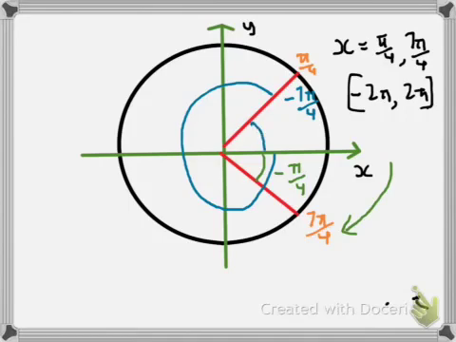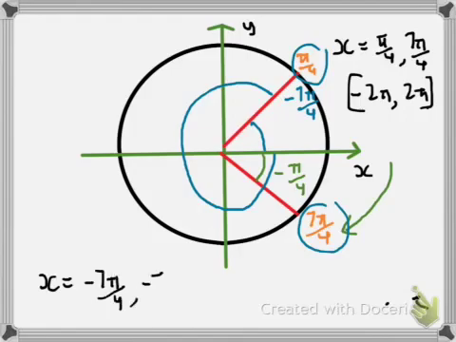So our two solutions that match up with this and this that are negative angles are negative pi on 4 and negative 7 pi on 4. So our solution is going to be x equals... in fact, we might put them in order. Okay, so from lowest to highest is negative 7 pi on 4, negative pi on 4, pi on 4, and 7 pi on 4.